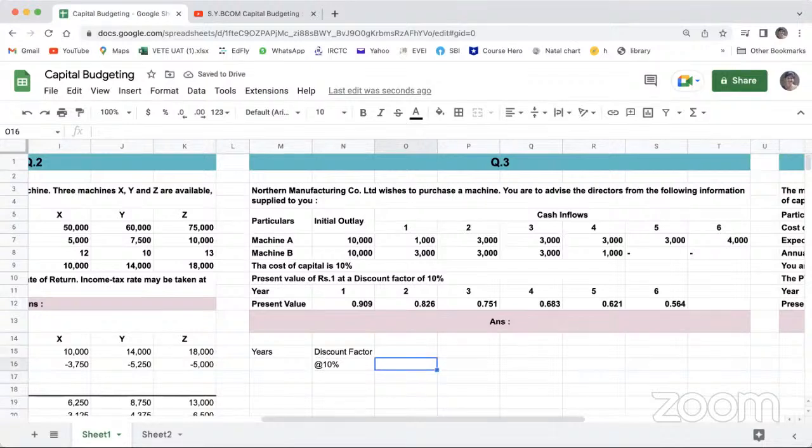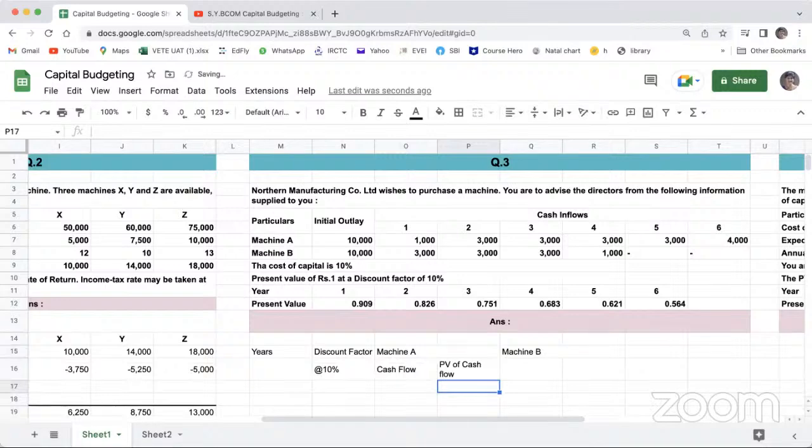Then for machine A, and for machine B, I'll do machine by machine. I'm just writing it because I may forget. Okay, the first column is for cash flow and the second column is for present value, the PV of cash flow.